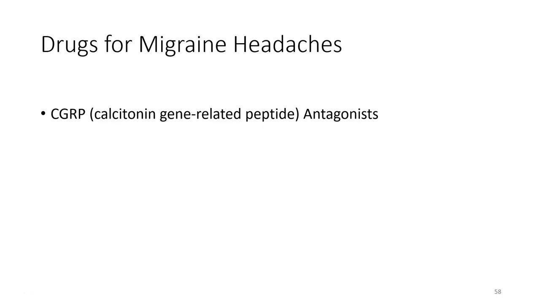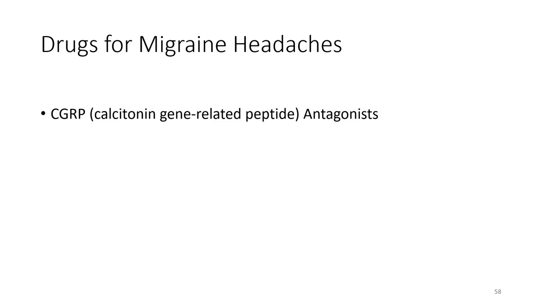These can be preventative or they can be abortive. So a patient can use it if they've already got a migraine. The thing with the triptan drugs, the 5-HT drugs, is they need to be taken as quickly as possible at the onset of the migraine to have the biggest impact. The CGRPs can be taken even after the migraine's been present for a little bit of time.